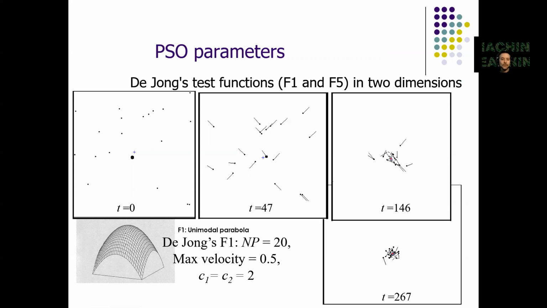The maximum velocity has to do, as I said, with how big the velocity is going to be. So it influences the magnitude, the size of this vector that you can see in the figure, allocated to each one of these individuals. If you have a large maximum velocity, this vector becomes much longer, which means that the particle can make large jumps in the search space.